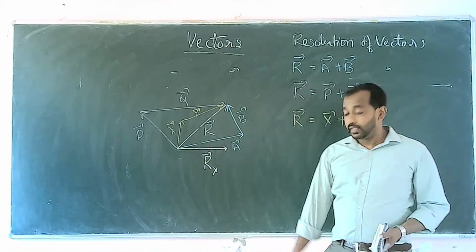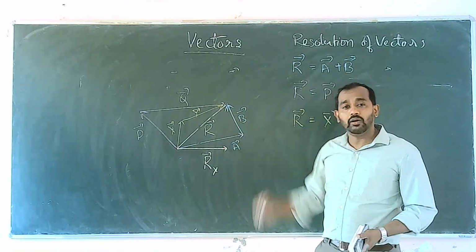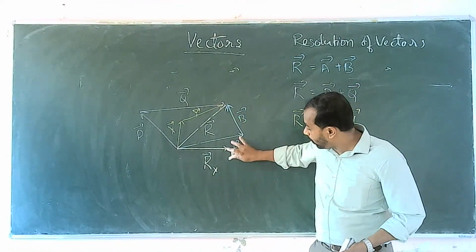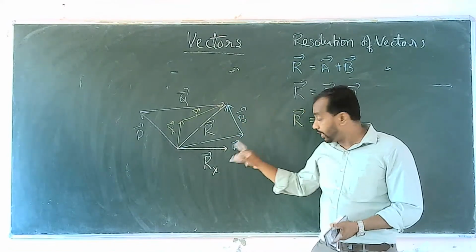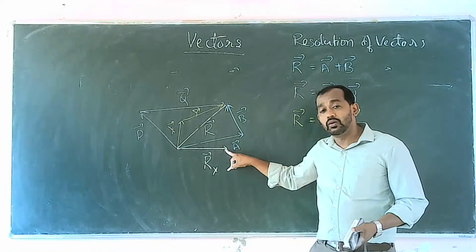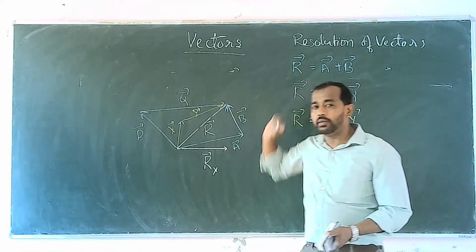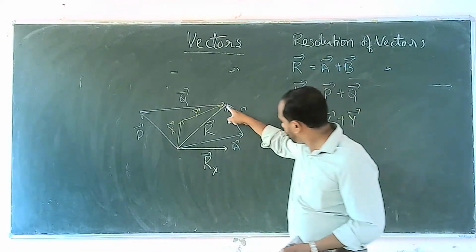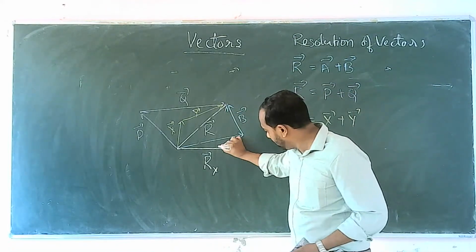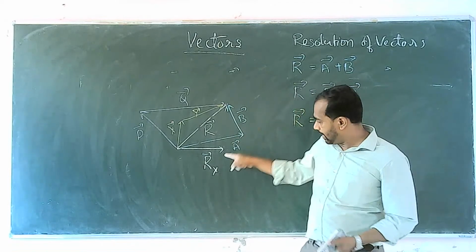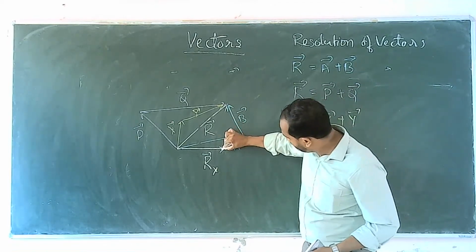Okay, this is the vector. Then from the head of the Rx, I am going to draw another vector which is perpendicular to the Rx. Then it should reach the tip of the R. Here I have drawn a little bit longer, so I have made necessary changes.